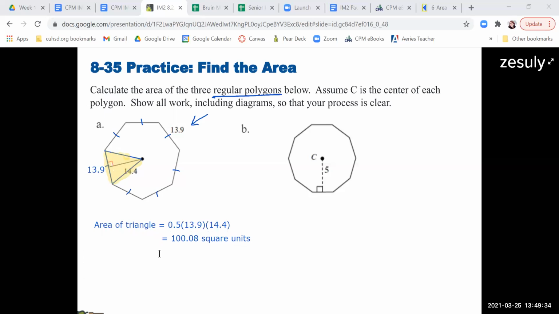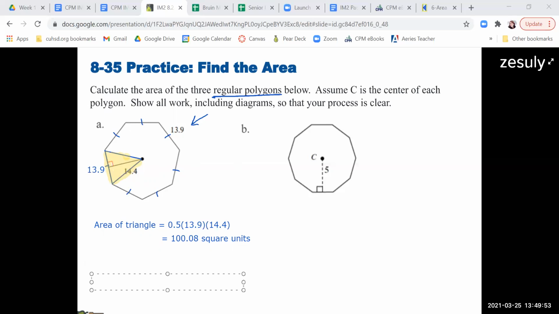So these problems are actually kind of awesome when you have all that information there for you. You're like, all right, that's no big deal. I found the area of the triangle. Now all I need to do is find the area of the whole figure. And this figure has 1, 2, 3, 4, 5, 6, 7 sides. So it's a heptagon.